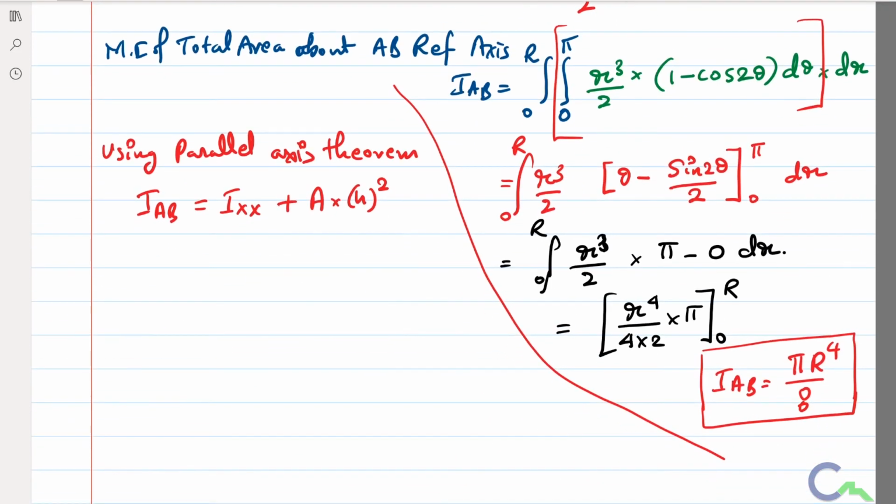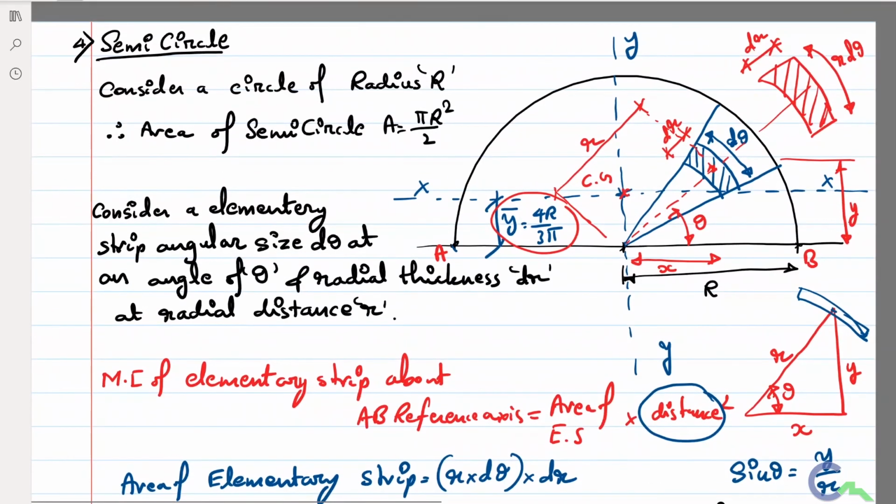So IAB we calculated, that is pi r to the power 4 divided by 8, is equal to, I want the Ixx value. So the area of the semicircle, that is pi r square divided by 2, into, as we have seen, the distance between the two axes, that is AB and the xx axis, that is 4r by 3 pi.